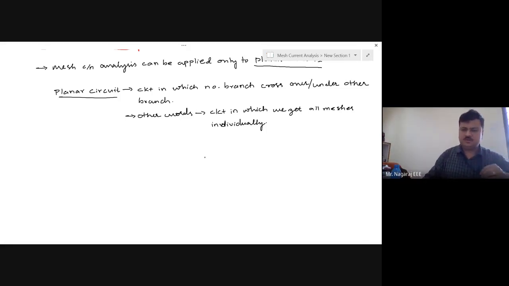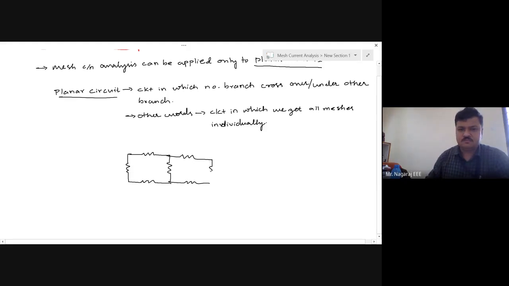What individual mesh means, I will draw a few circuits here, and you will get to know very conveniently. Now, this is a mesh.